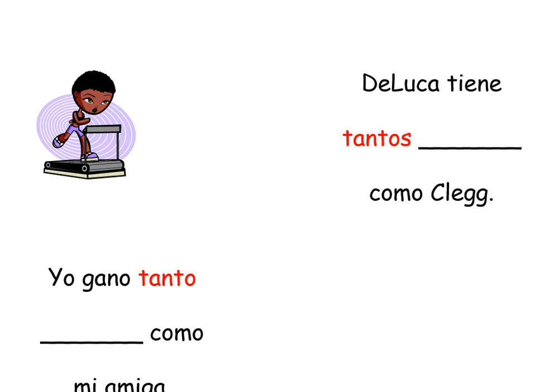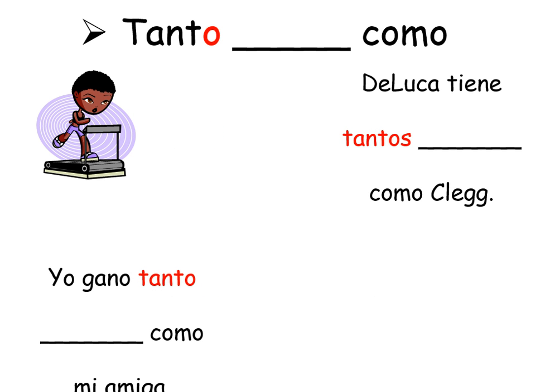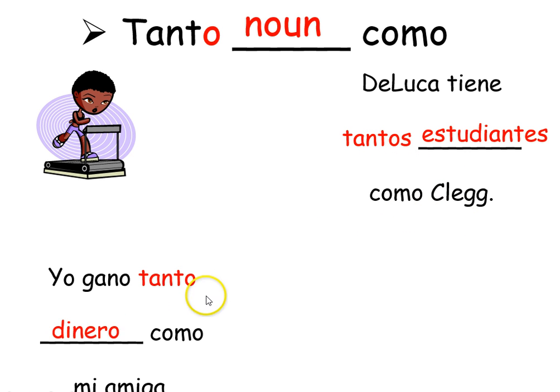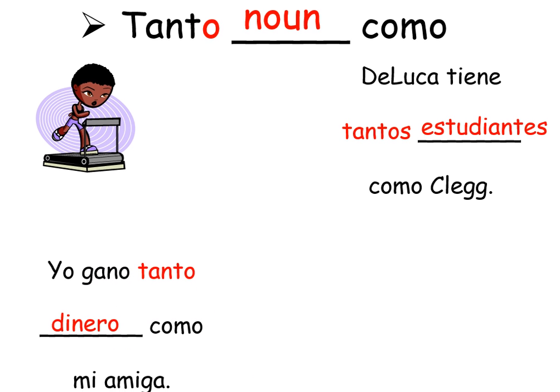There is a way that you can talk about nouns. If you want to say that so-and-so has as much as you do, you use tanto como. And in this instance, we'd say De Luca tiene tantos estudiantes como Clegg. De Luca has as many students as Clegg. Or yo gano tanto dinero como mi amiga.